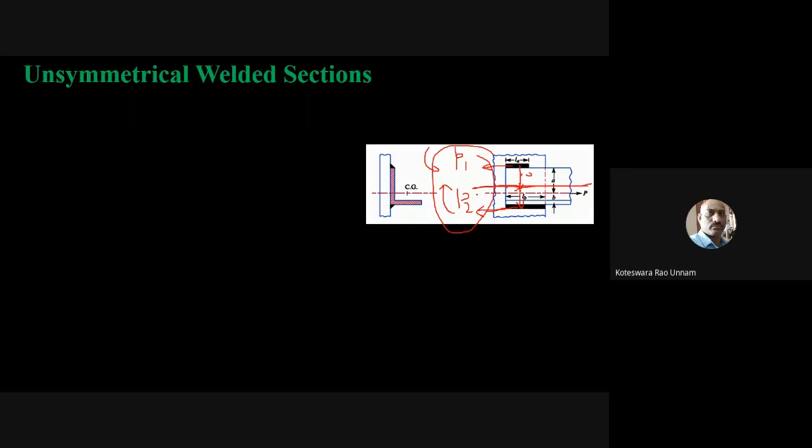If P1 and P2 are equal, then this moment is equal to 0, because this force is the same and this force is the same and they are acting at the same eccentricity, so the net moment is going to be 0. But that is not the case here, where P1 is less than P2. Therefore, there is a net moment acting on this weld joint.